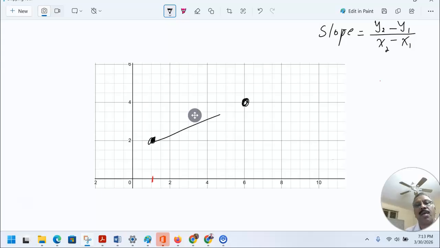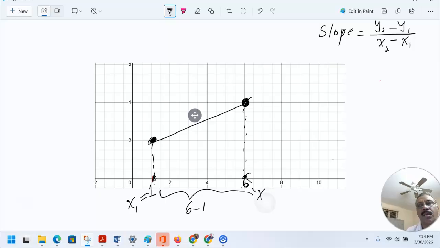You can join them, and we want to know the distance, and I want to create a triangle out of this. If I draw dotted lines from both sides, the horizontal distance from this point is 1, and this is 6 here. The distance from this point to this point is 6 minus 1. This is called x1 because it's on the x-axis, and this is x2.